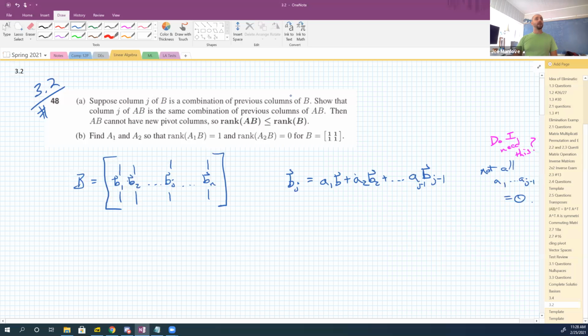All right, let's see. I'm supposed to show that column J of AB is the same combination of previous columns. So I'm supposed to look at this matrix AB, right?